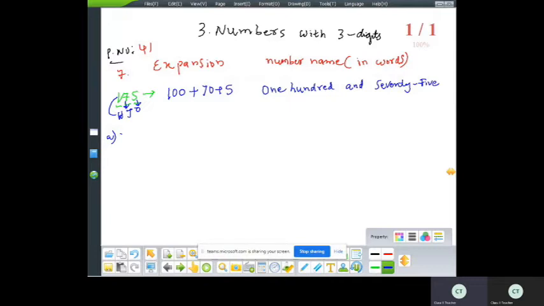Now, question A, 782. The number is 782. Locate the place value 1, 10, 100. The digit in 100 place is 7. 7 into 100, 700.